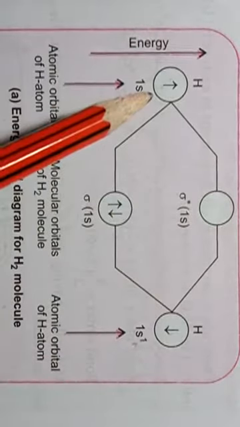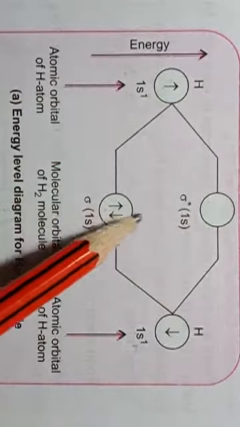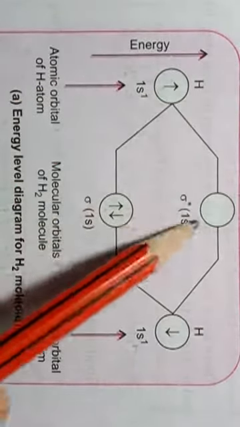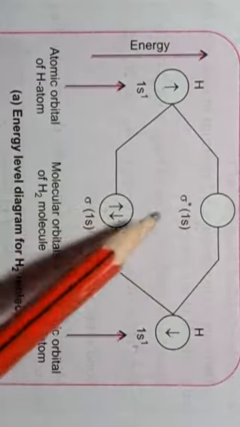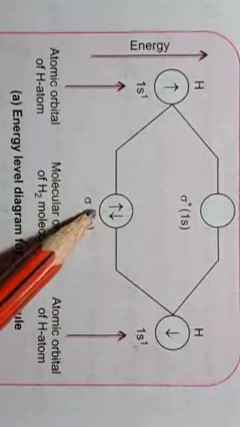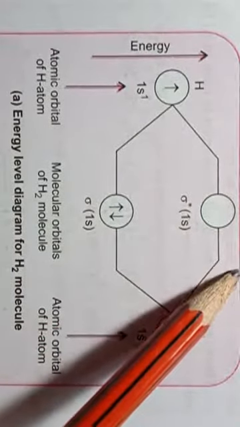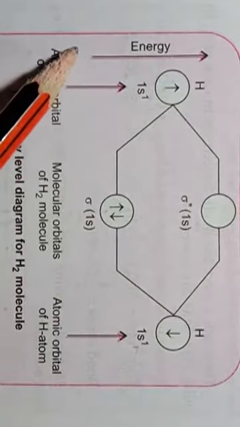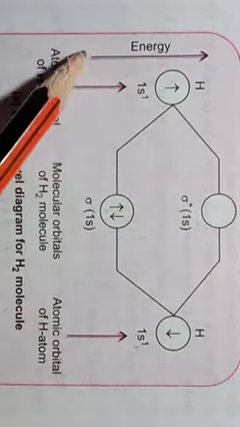So atomic orbitals we write here, and these represent molecular orbitals. The bonding molecular orbital, with less energy, is towards the lower side of the diagram, and the anti-bonding, with high energy, is on the upper side of the diagram, and this arrow shows the increase in energy.